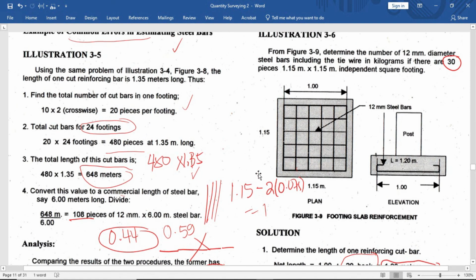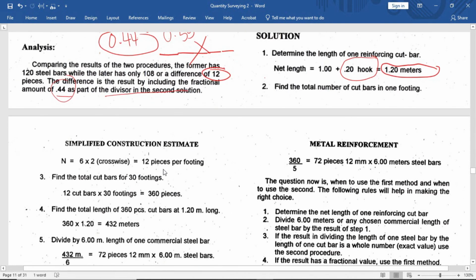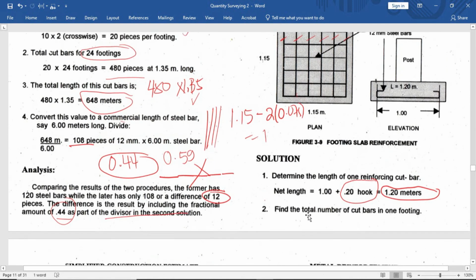In one footing, bilangin natin. So, 1, 2, 3, 4, 5, 6. So, this is a square footing, so times 2. So, 6 times 2. There are 12 pieces of steel bars in one footing.